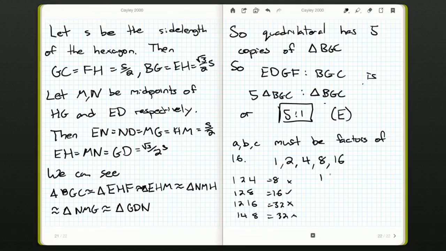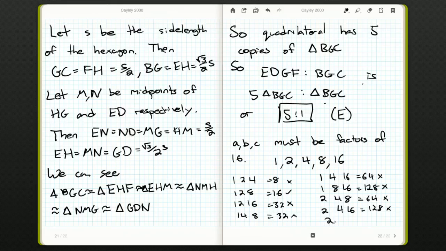We could have 1, 4, and 16, but that's too big. That's 64. We could have 1, 8, and 16, but of course that is also well too big. It's 128. We could have 2, 4, and 8, but as I said, that's too big. That's 64. We could have 2, 4, 16. That's too big.